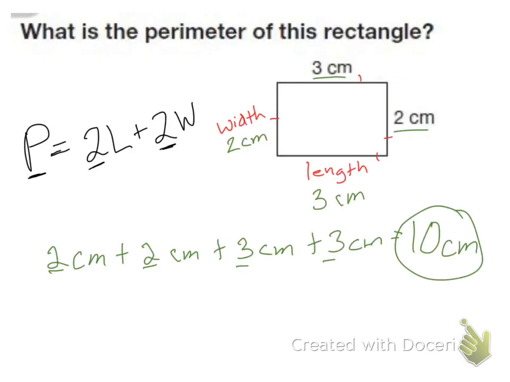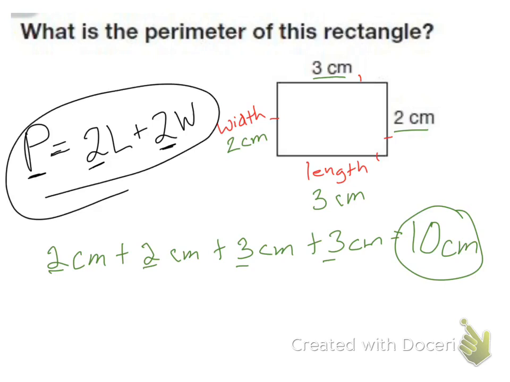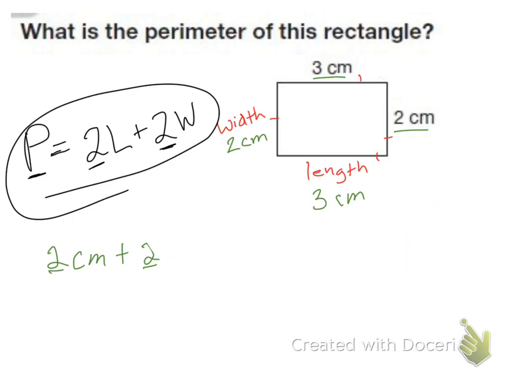So it says use the formula to find the perimeter of the rectangle in example 1. Okay, so in example 1, that was this rectangle here. So using this formula would look like this. Okay. So it says perimeter equals 2 times the length. Well, my length equals 3 centimeters. So it'd be 2 times 3 centimeters.